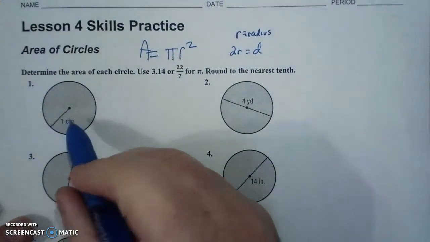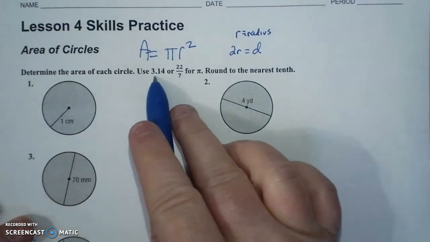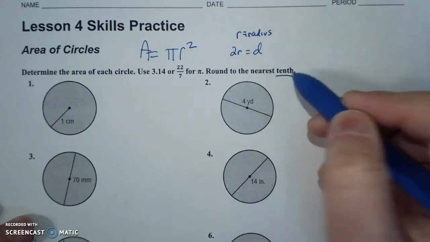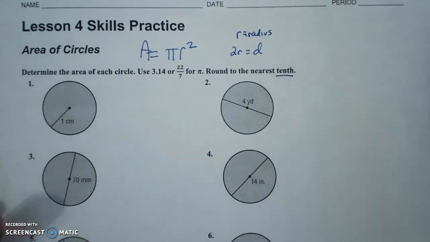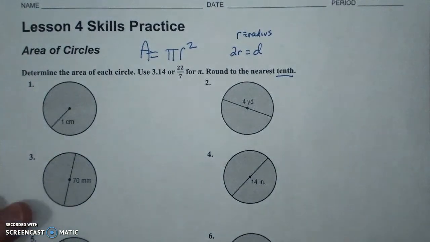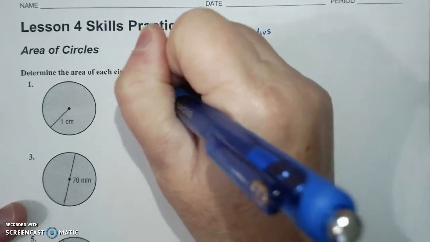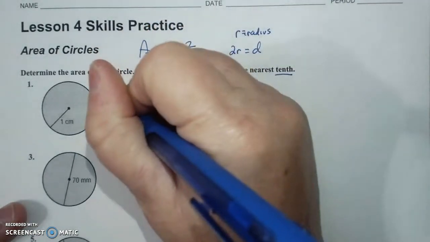So here, we're going to determine the area, use 3.14, that's standard. And we're going to round to the nearest tenth. And remember, that's 1 digit after the decimal place. So make sure you're doing your rounding correctly. So this is area equals pi r squared. Make sure you write your formula.